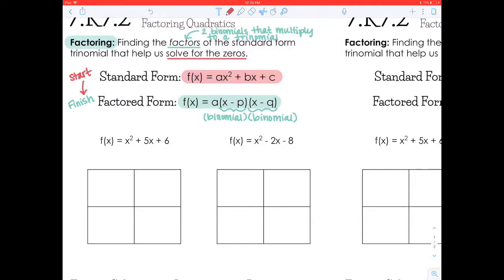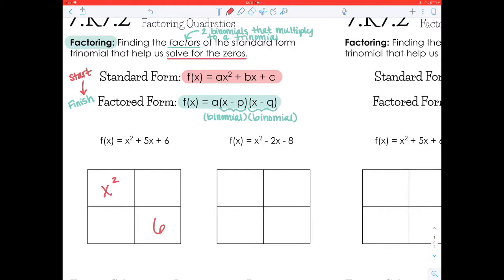So remember that x squared always goes in that top left box there. And then that plus 6 at the end, the constant term, always ends up in this bottom right box there. So we know those two pieces, because remember what's inside the box is the trinomial. That's all of those little squares added together gives us this final expression.